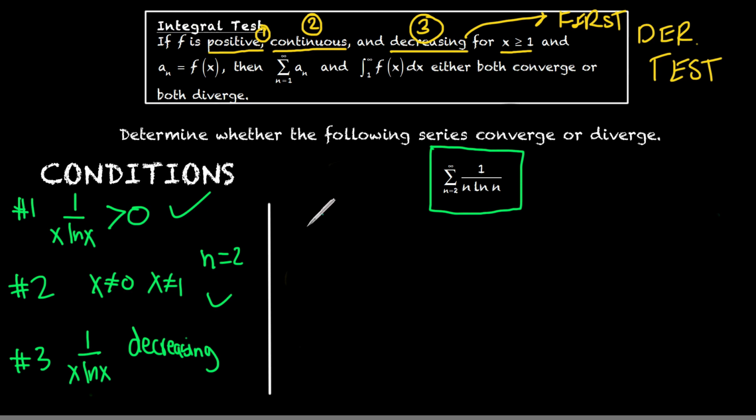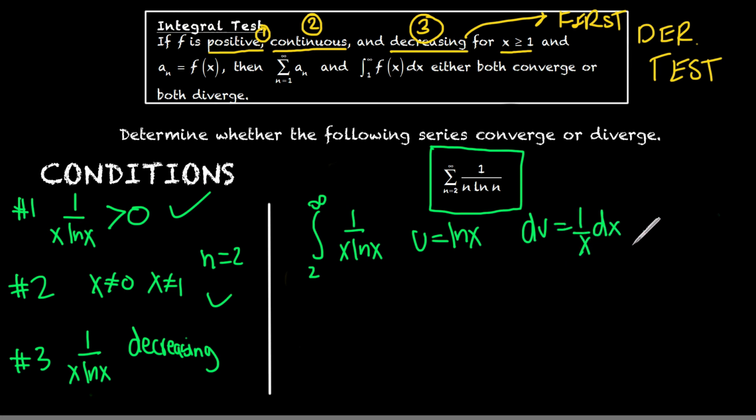So now we are going to integrate from 2 to infinity of 1 over x natural log of x. And we see that this is a u substitution problem. So we're going to let u equal natural log of x. So du is equal to 1 over x dx, and so x du equals dx.